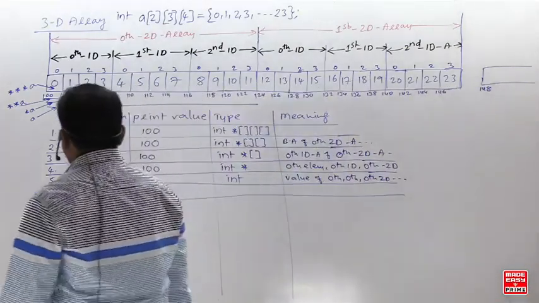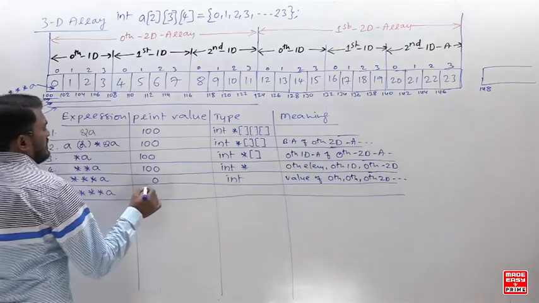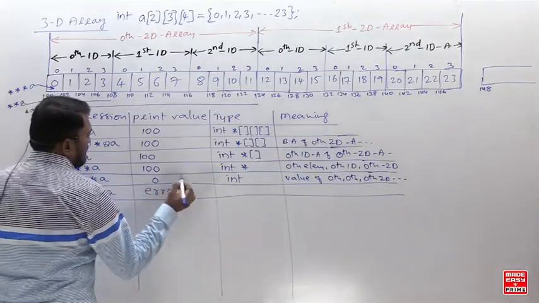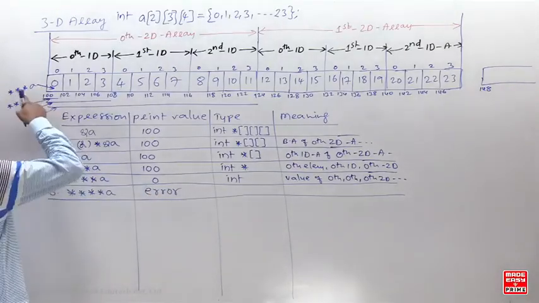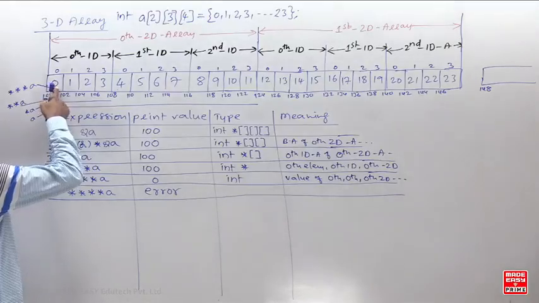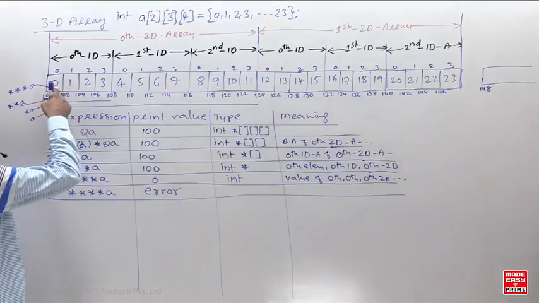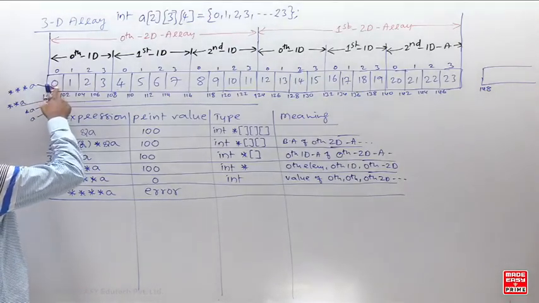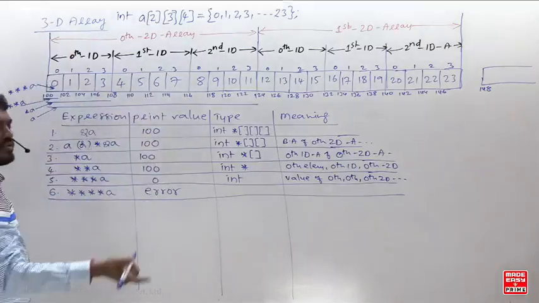Very good. If I apply one more star, 4 star A, so it will give you what? Error. It will give you error. Because triple star A means you are reaching to the value. If I apply one more star, where will it go? It will go to an unknown location, right?